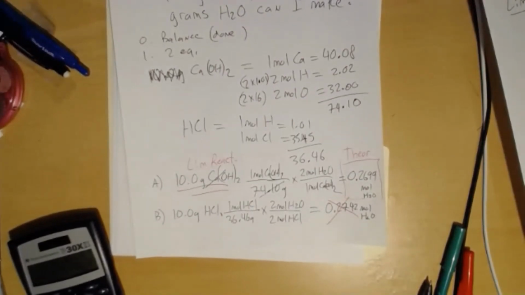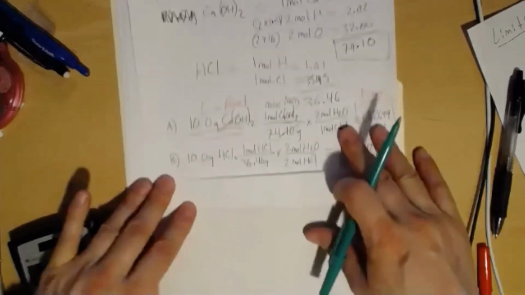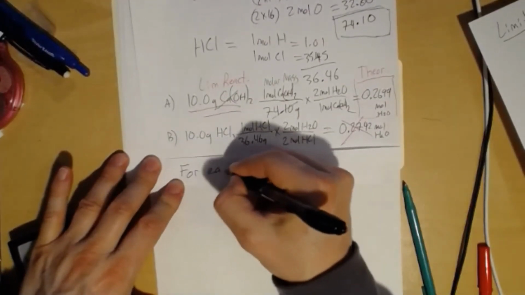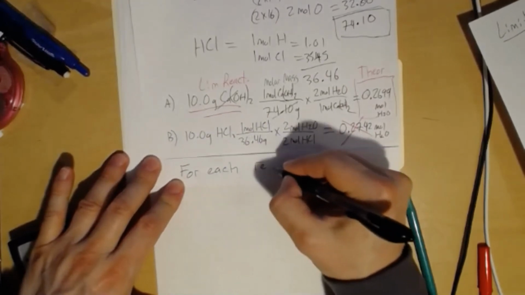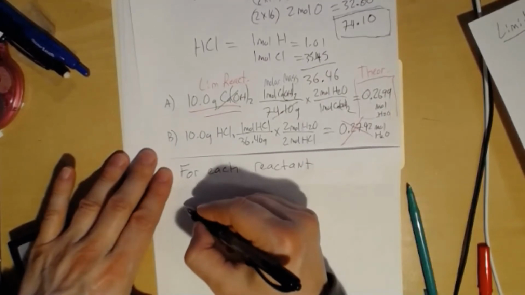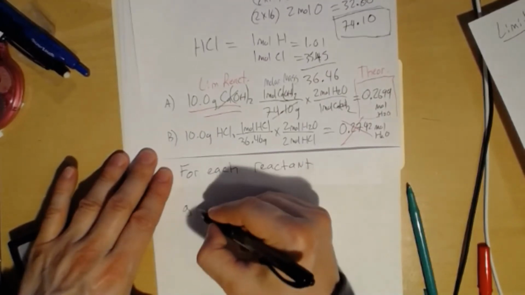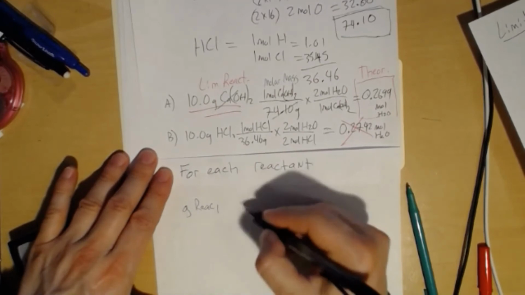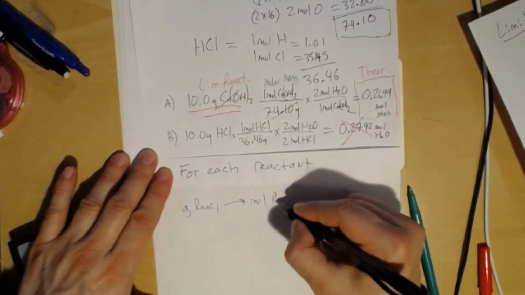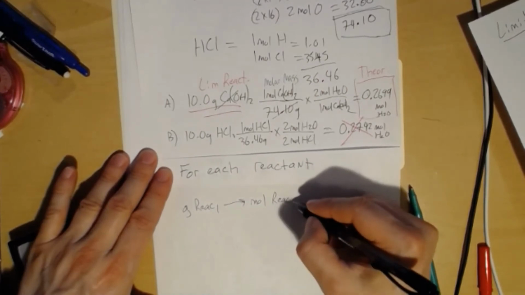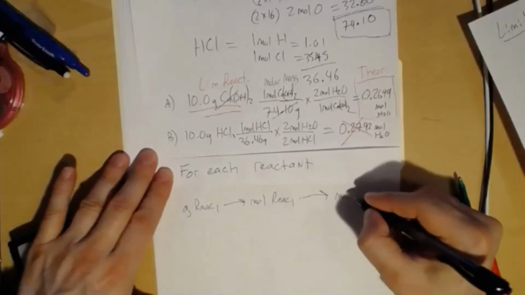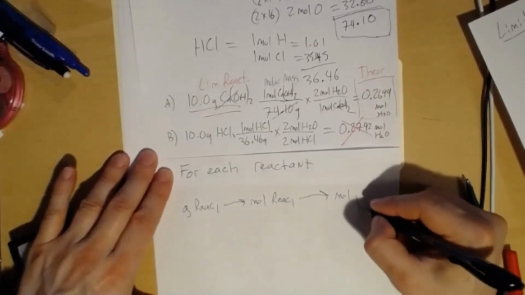Is that okay? Hold on a second. He's got a good question. So for each reactant, we went from grams of reactant 1 to moles of reactant 1 to moles of product.